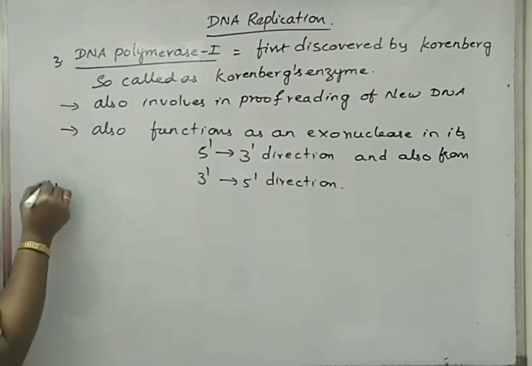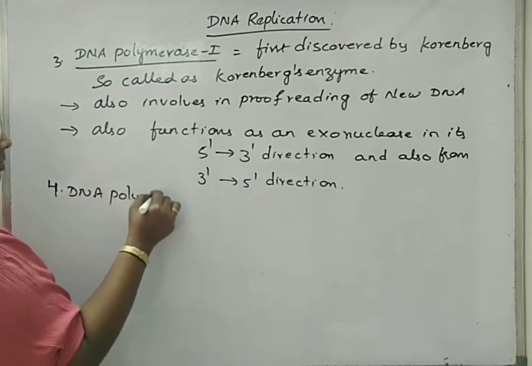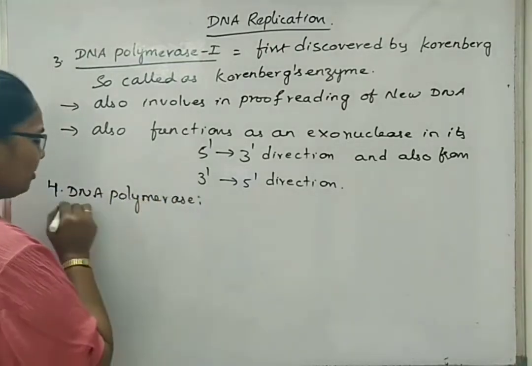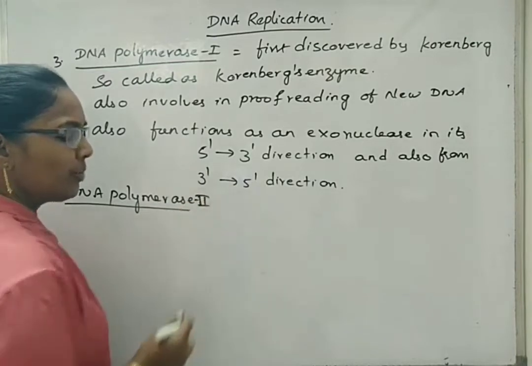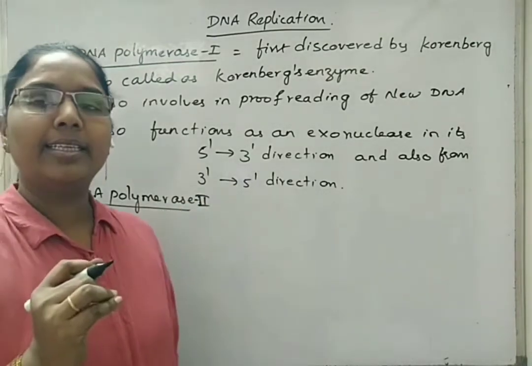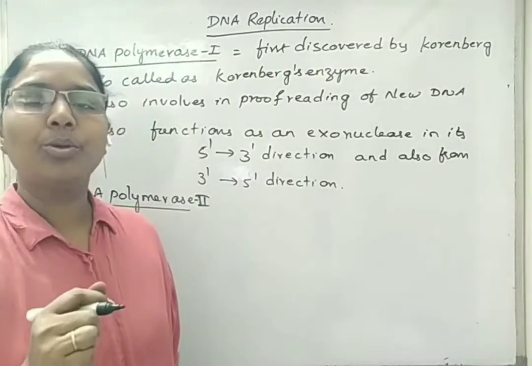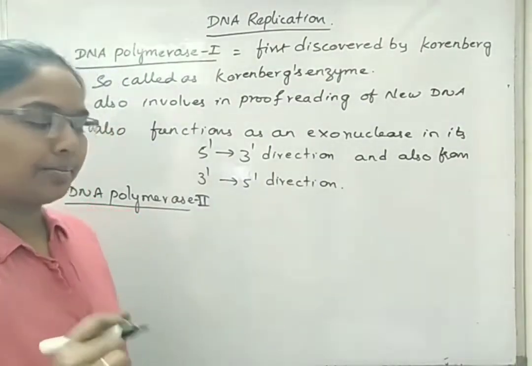This is third one. This is fourth. DNA Polymerase 2. This DNA Polymerase 2 is having least priority because mostly when DNA Polymerase 1 and DNA Polymerase 3 are absent, then DNA Polymerase 2 does both the functions.